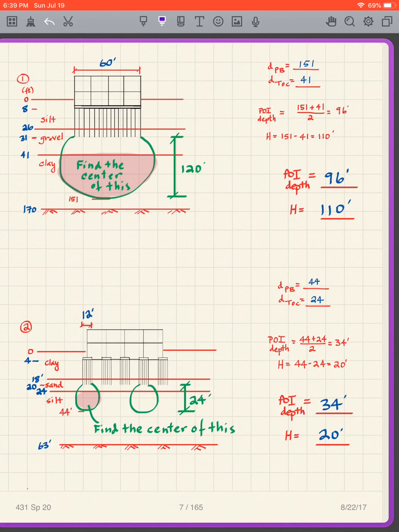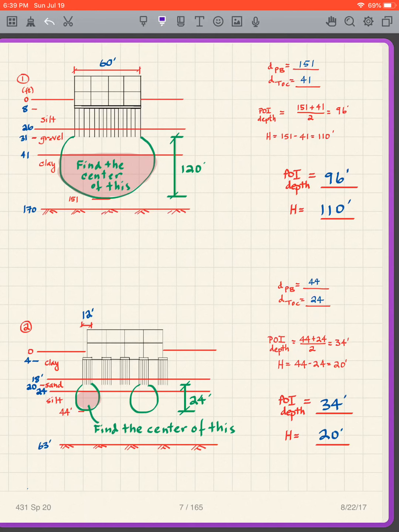Now we do the second problem. My B is 12, so 2B is 24. I go down 24 below the tips. The tips are at 20. 20 plus 24 is 44. So we get our depth at the bottom of the pressure bulb of 44. The depth to the top of the clay or silt is 24.